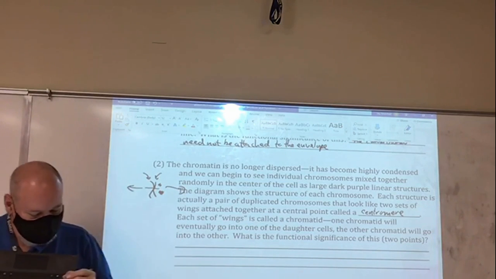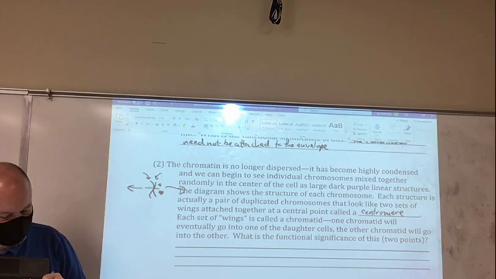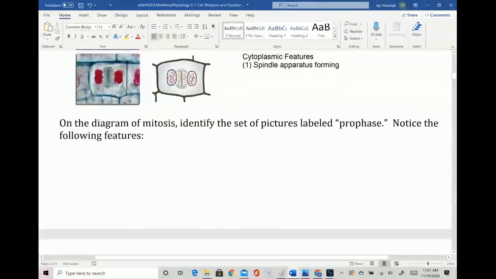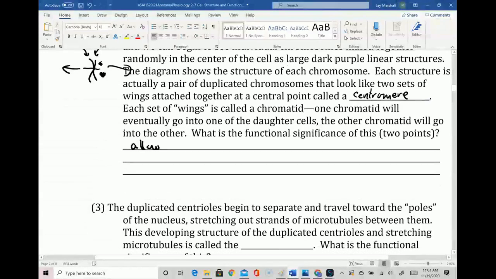This allows chromosomes to be able to be divided. I have to have them in this condensed state or I can't divide them, right? But I've said that there's two points of significance.